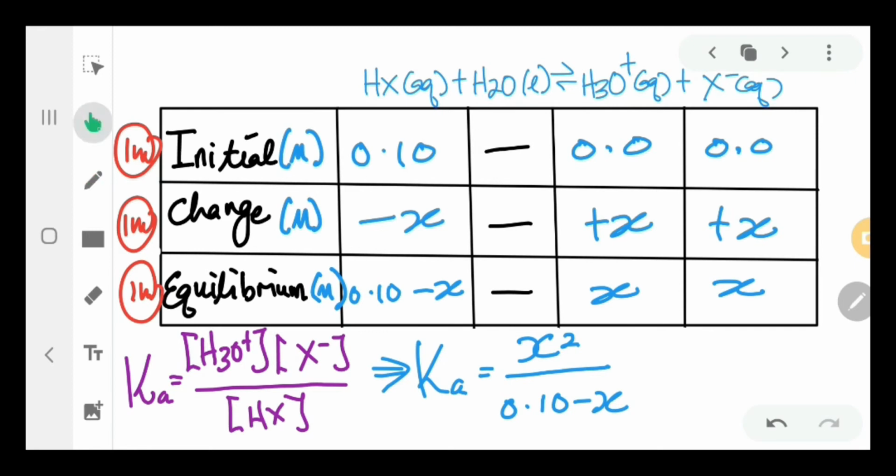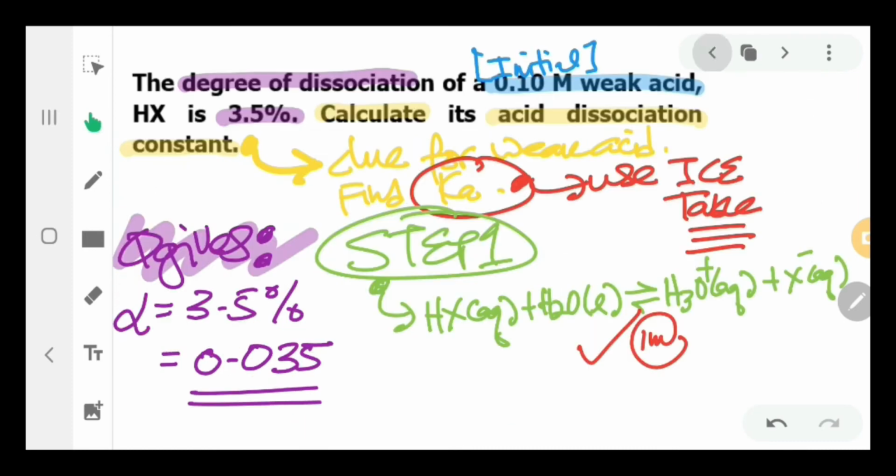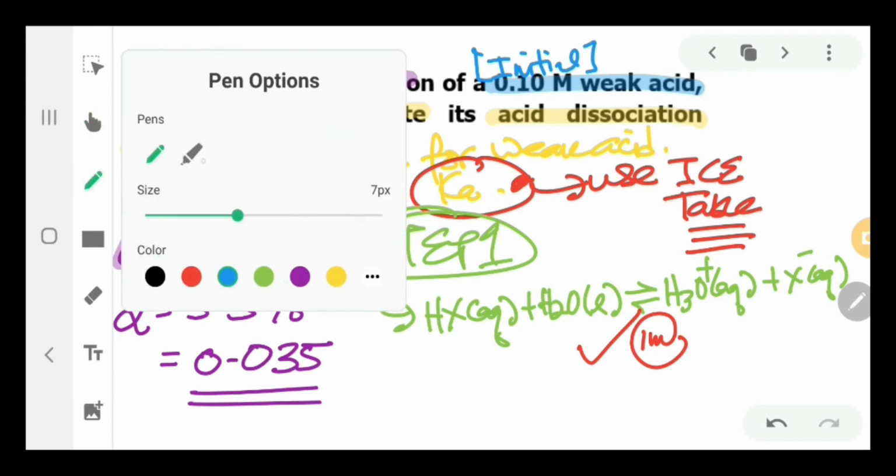Now the question is, how are we going to find the value of x? If we can get the value of x, we can plug in the value here to find the value of Ka. So what does the question give to us just now? We have the degree of dissociation.